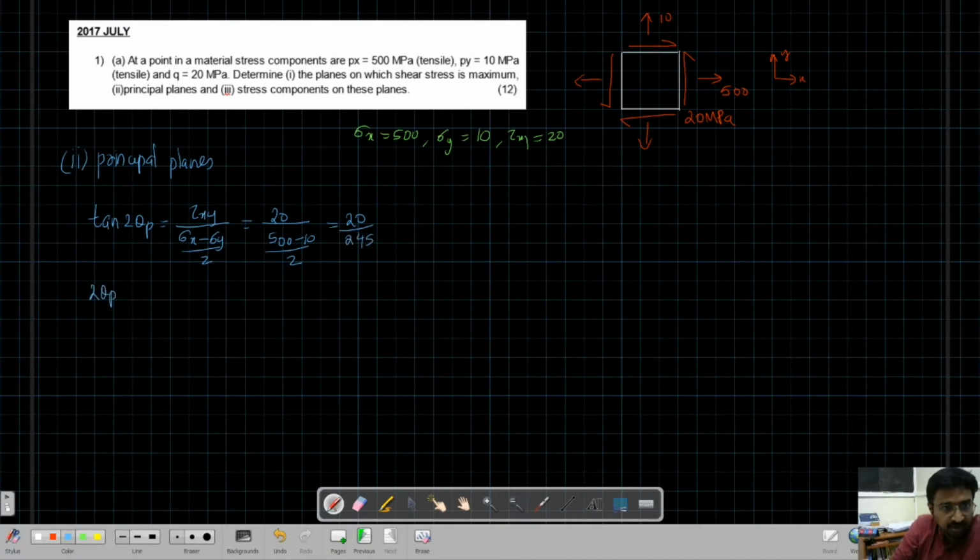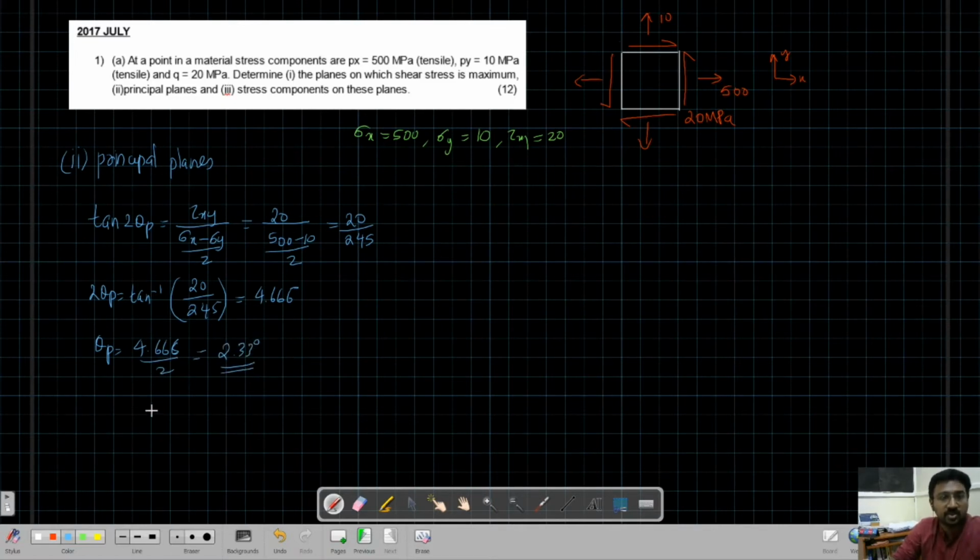So 2 theta p is tan inverse of 20 upon 245, which comes out to be 4.666 degrees. So the principal plane is 4.666 divided by 2, which is equal to 2.33 degrees.